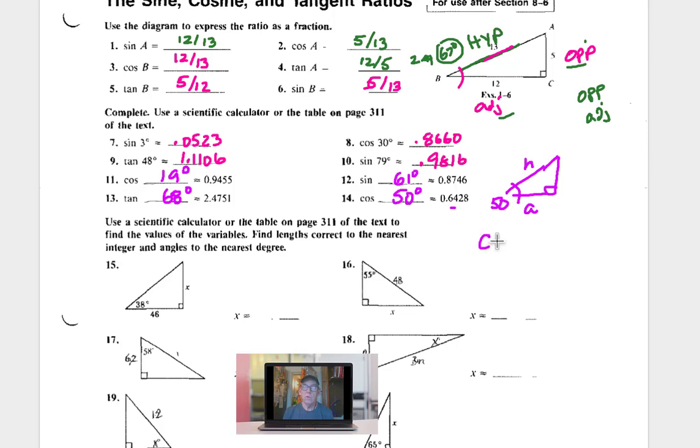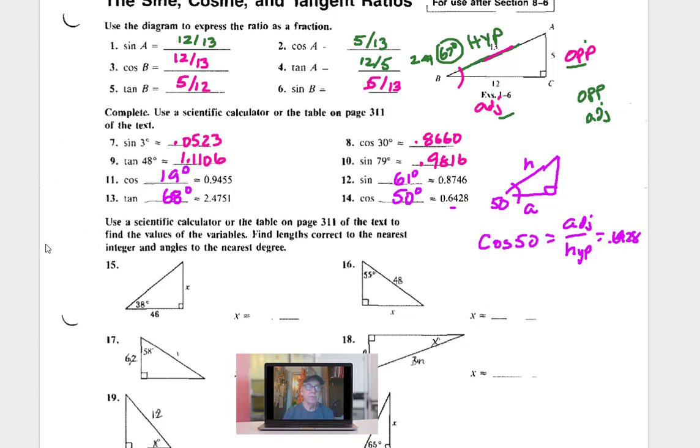So we would say cosine 50 equals adjacent over hypotenuse, and that is equal to 0.6428. So when you divide those out, you end up with 0.6428. So if we have 0.6428 in a right triangle, that angle must have been 50 degrees.